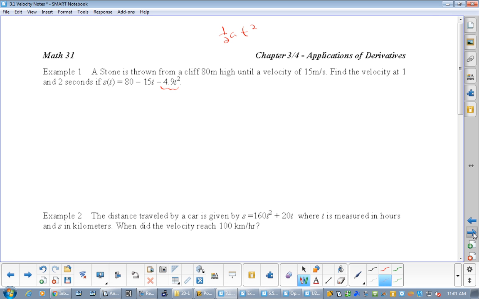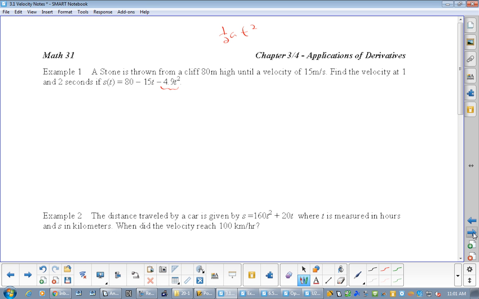Now, it's pretty cool. Maybe you don't think it's cool. But that's the distance formula. If you do the derivative of the distance formula, you get the velocity formula. And if you take the velocity formula and do the derivative, you get the acceleration formula. That's just weird. So it just flips.